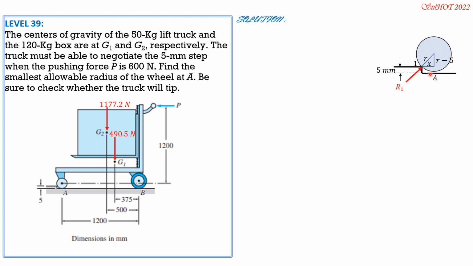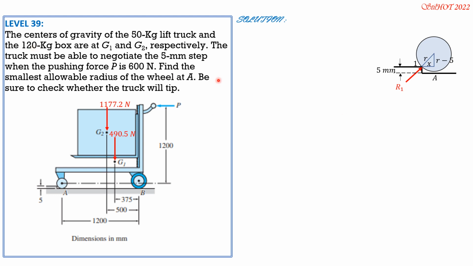So I exaggerate that when this truck is about to negotiate this 5 mm step, then there will be no reaction at A. Same is true when it can negotiate and not by tipping. There should always be no reaction at A, because if there is reaction at A, then it means it is still in contact with A. So how can it negotiate this 5 mm step? So that's the analysis. That's the trick in this problem here.